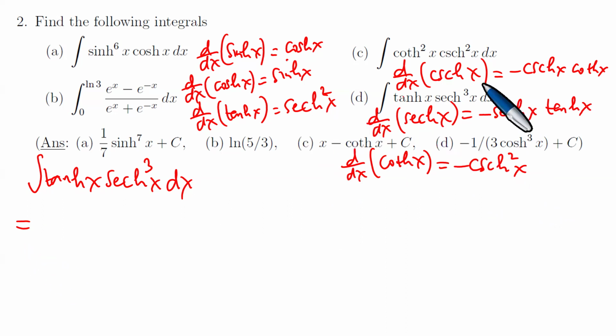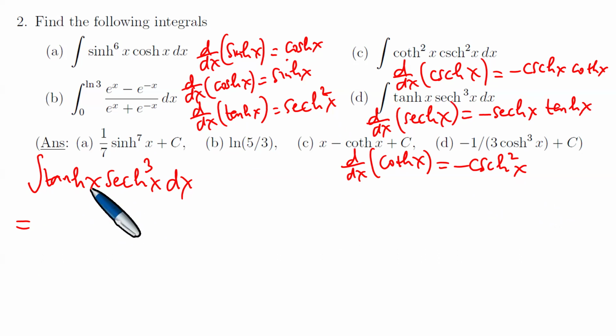Now, if we remember just these ones, we need to think here. If you let u be anything, like if you let u be tanh, the derivative of the hyperbolic tangent is the sech squared, so it's not going to work.